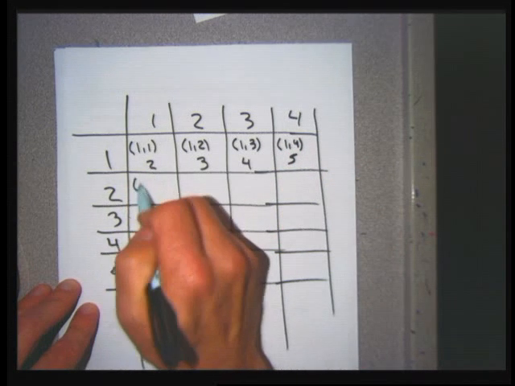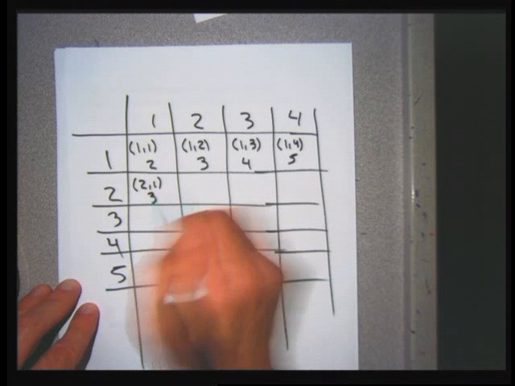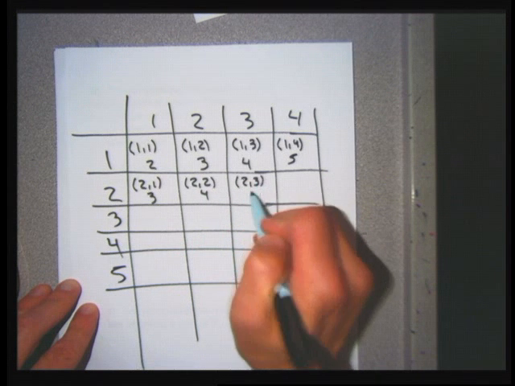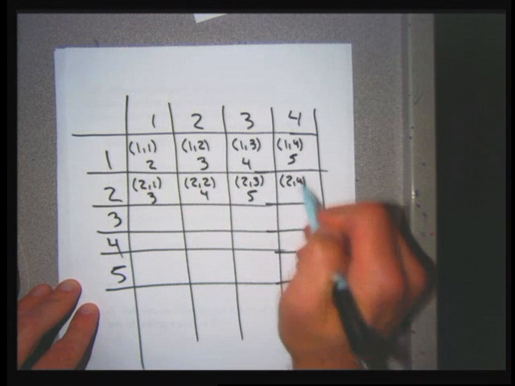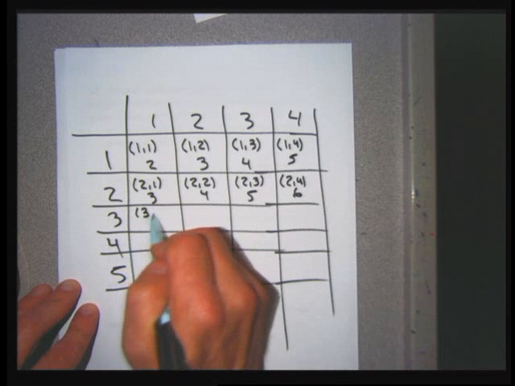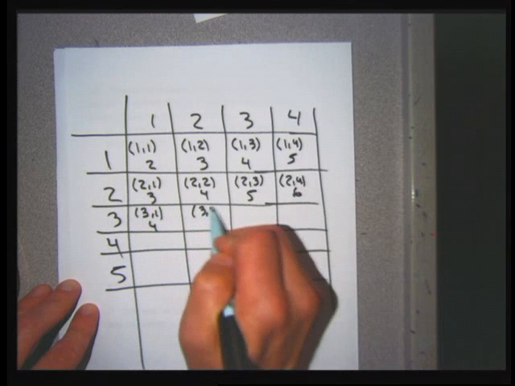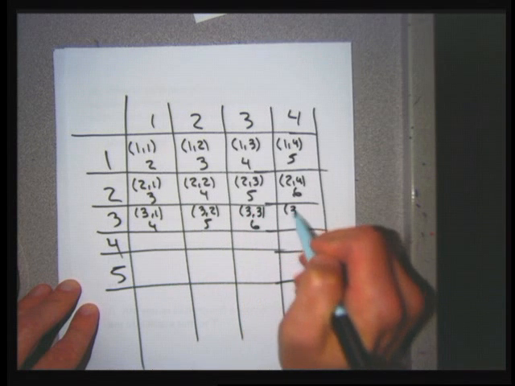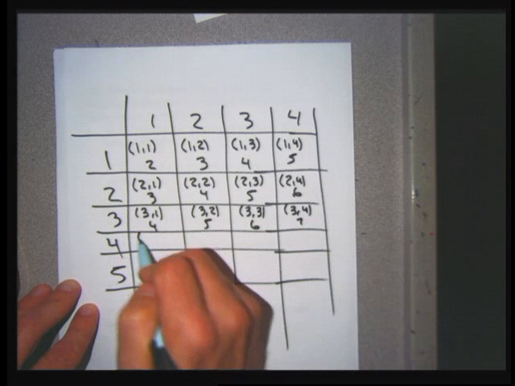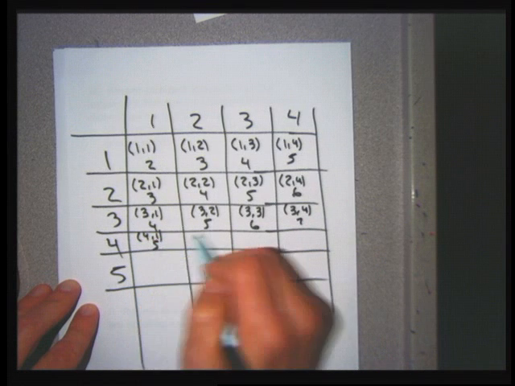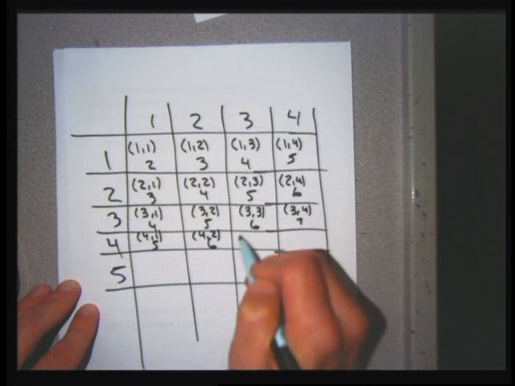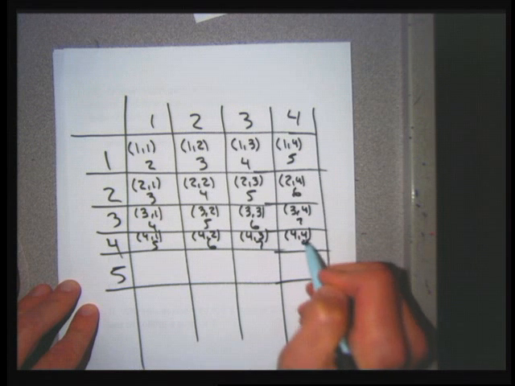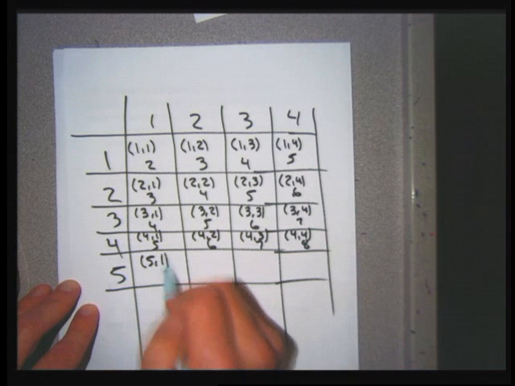Then first dice a 2, second dice a 1, first dice a 2, second dice a 2, first dice a 2, second dice a 3, 2 and a 4, 3 and a 1, 3 and a 2. Once you do one of these, they're not hard. It doesn't matter what dimensions the dice are. So my sample space is not the classic dice sample space because my dice are different sizes.